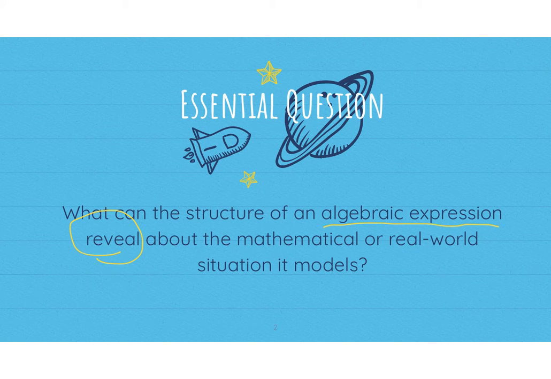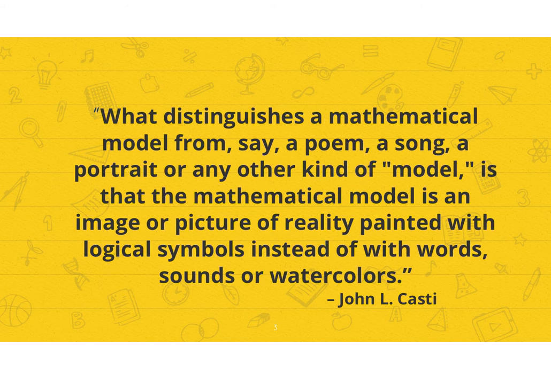So our big question is, how can the way we put together these numbers and symbols reveal or tell us things about the situation we're modeling? And let that lead us to this idea of mathematical models.